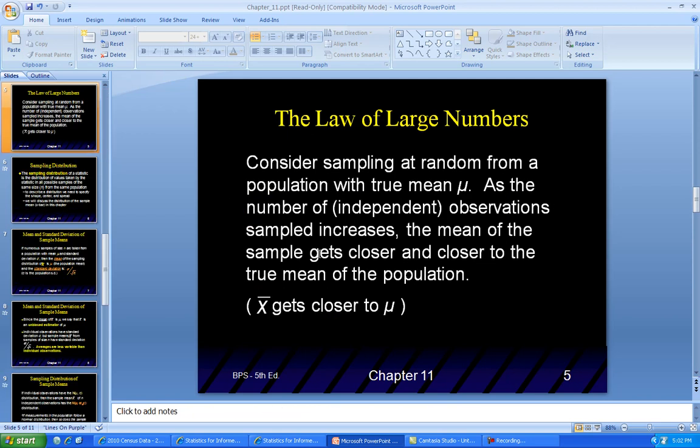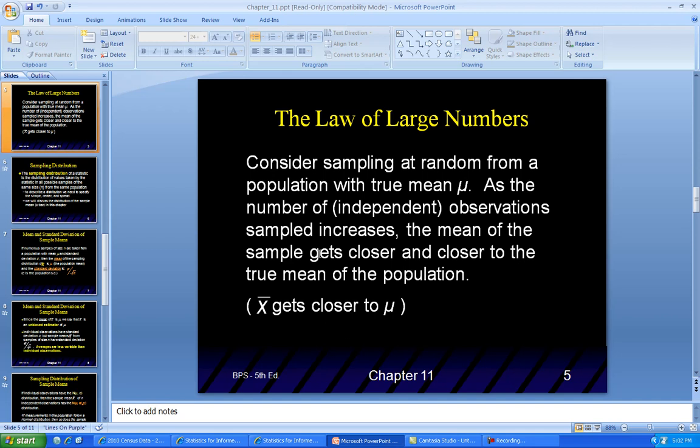Here's an important statement, and it should make sense to you, as you probably have known this in your heart and soul for a long time. Consider random sampling, always important, from a population with true mean mu. That's the population, what it actually is. You do a sample. As the number of independent observations in the sample increases, the mean of the sample gets closer and closer to the true mean of the population.